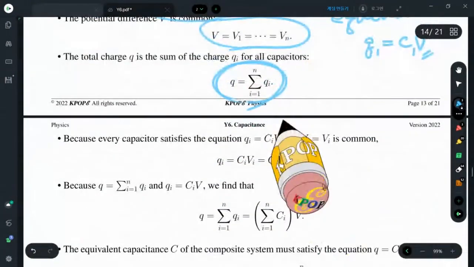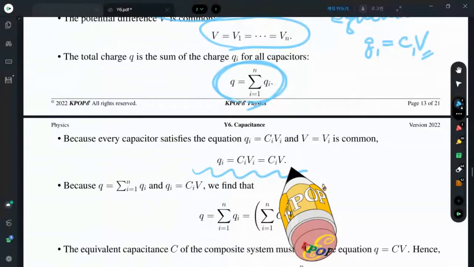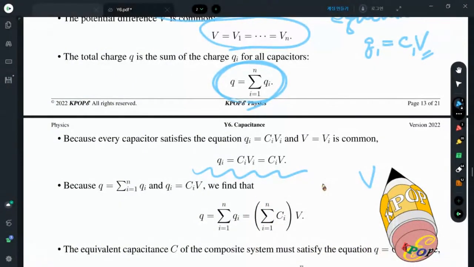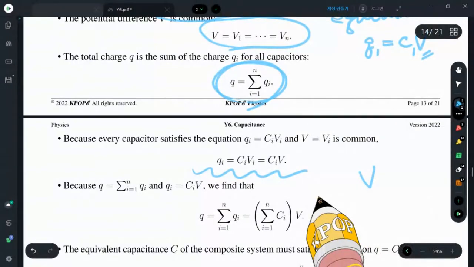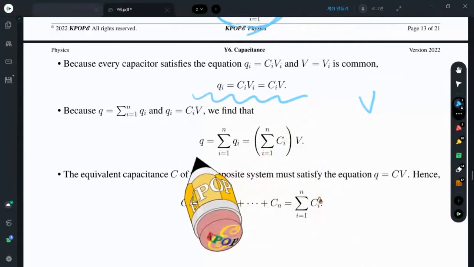Using these relations and the fundamental relation, this relation was first obtained by Alessandro Volta, who almost created the capacitor. At least the theory of the capacitor was developed by Volta.